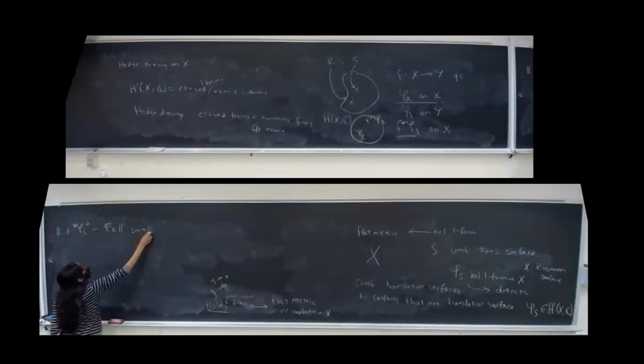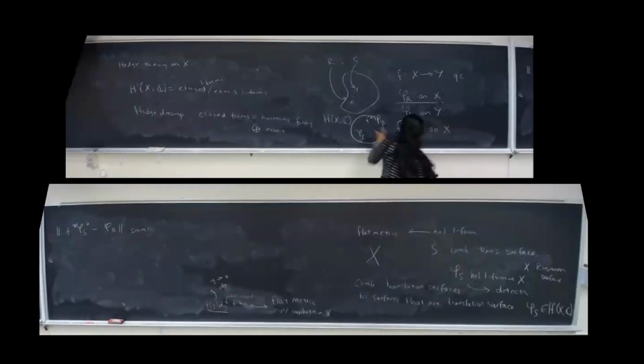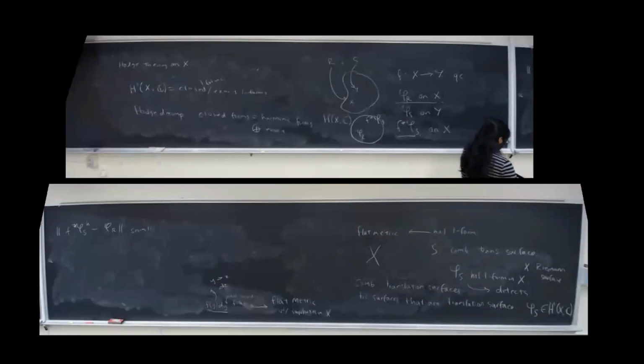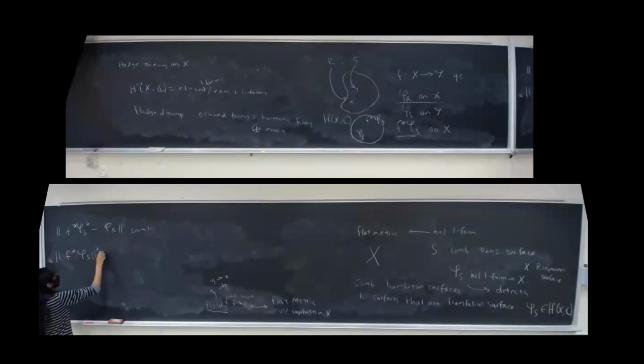This means that the cohomology classes are close. And now I use the following trick. I claim that I can simply remove this H. So why is that true? That's true because of the following trick.